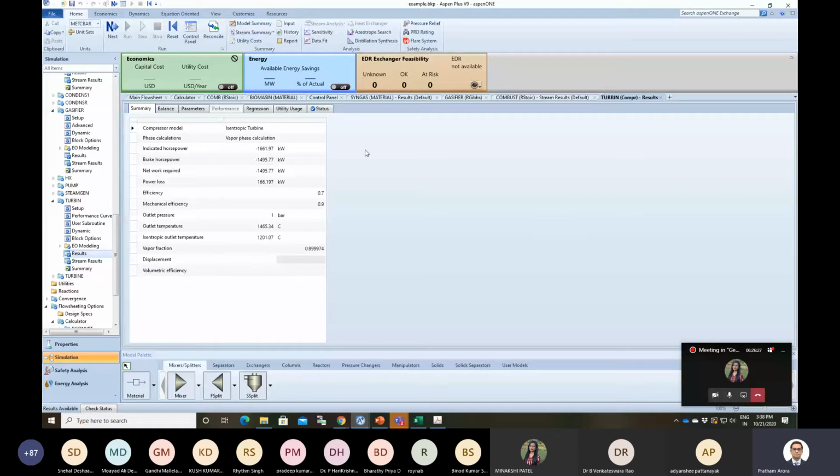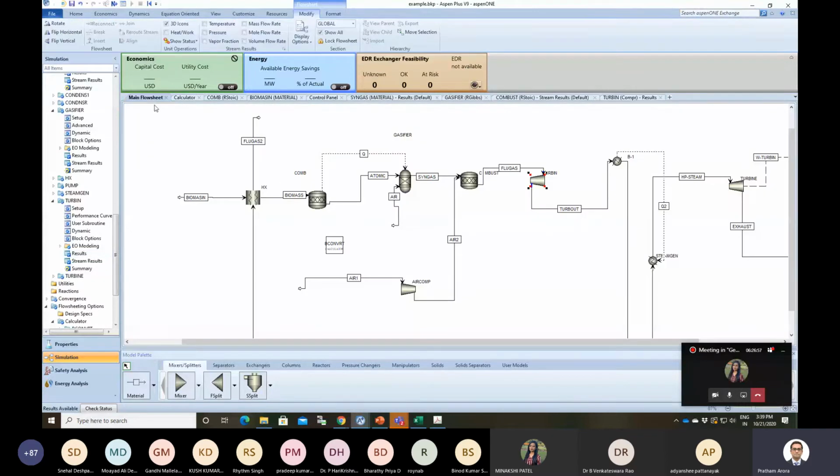So if I press results here, if I'm providing in this gas and running the turbine at 10 bars and the output is at 1 bar, it can produce 1.5 megawatt of energy. Since the mechanical efficiency that I've taken is 90%, the indicated horsepower is around 1.6 megawatt, whereas the actual horsepower that I'll get is around 1.5 megawatt. This is basically coming from the 90% mechanical efficiency that I've given.